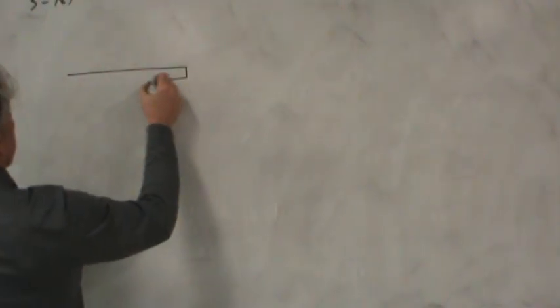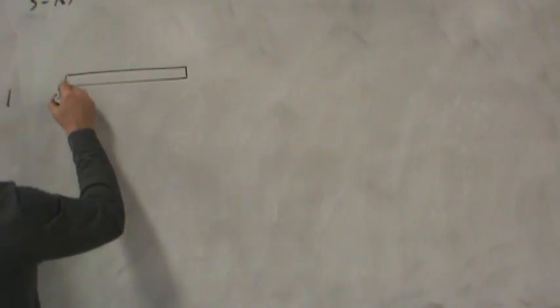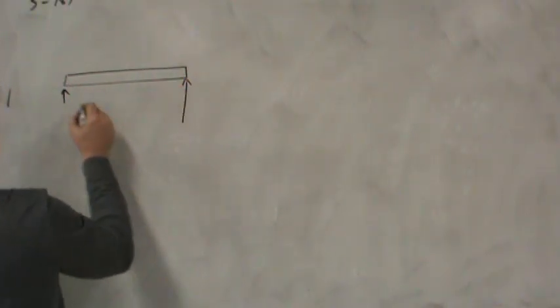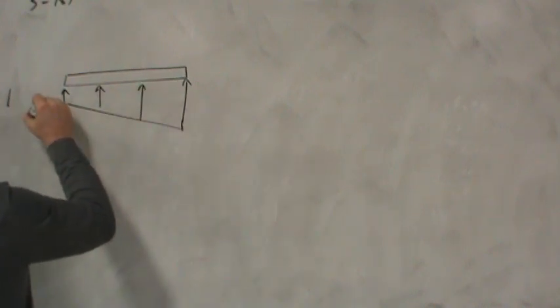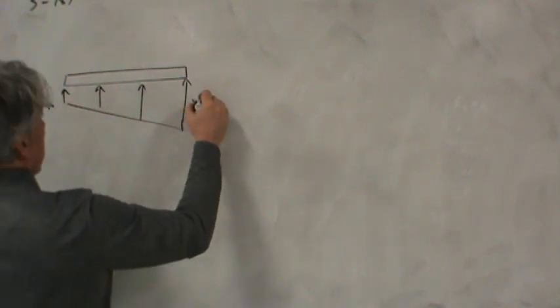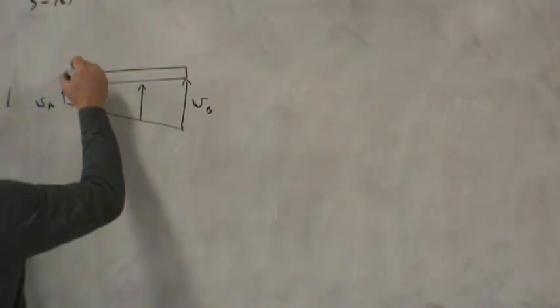What does this problem look like? There's our beam. The soil provides a distributed load. It's about like this, WA on the left, WB on the right.